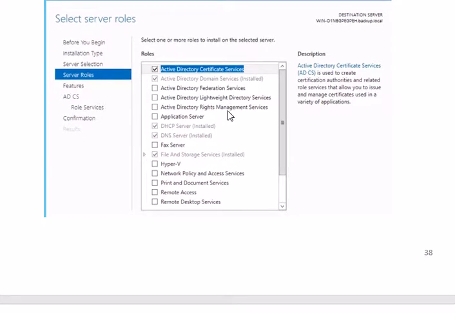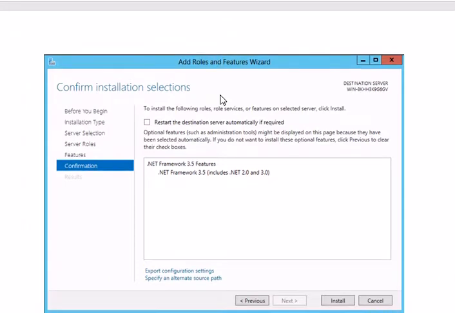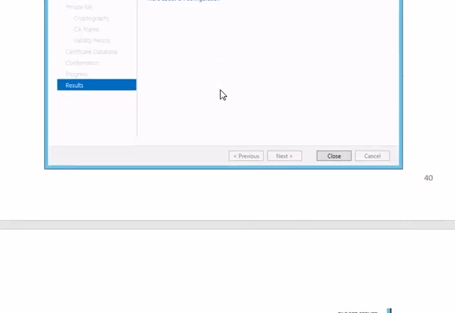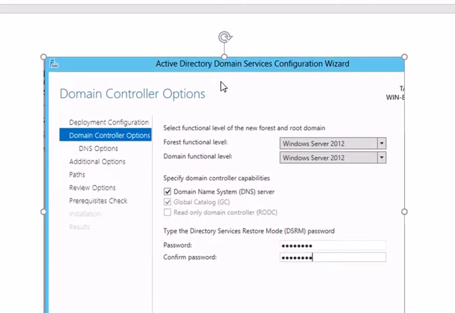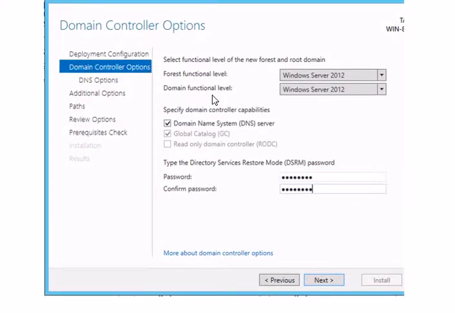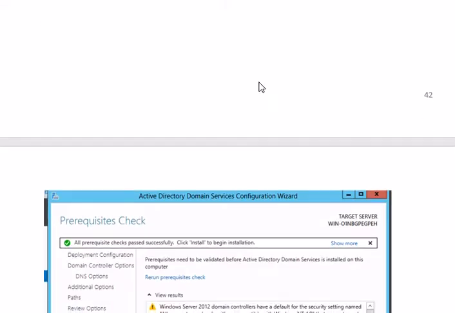We did the Active Directory certificate services. Now this is the domain controller options. We set the password of the Windows server.